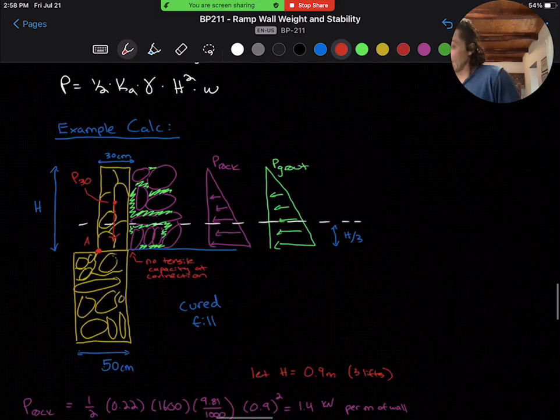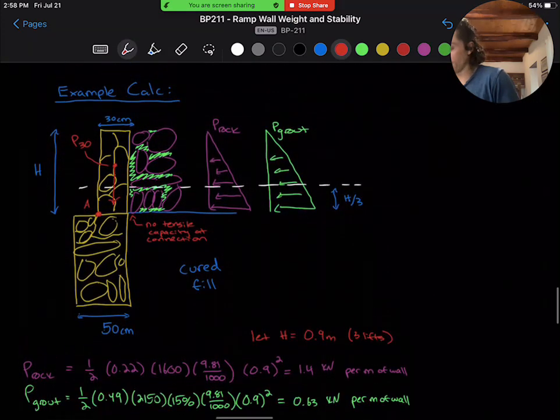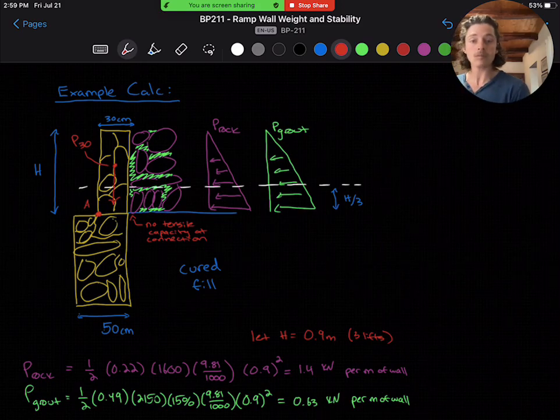So here in our calculation, we have the force from the rock written out with the variables for rock fill to be 1.4 kilonewtons per meter of wall, and our force from the grout to be 0.63 kilonewtons per meter of wall. And we're letting our total height be 0.9 meters because we're assuming we're doing the maximum 3 lifts for 1 day being applied on this wall.